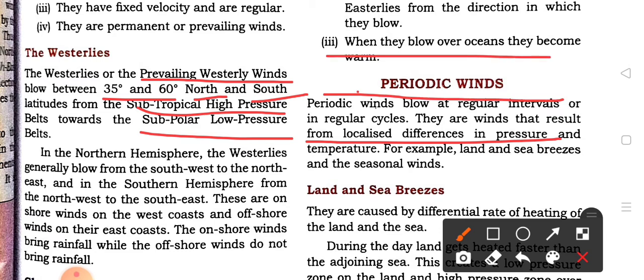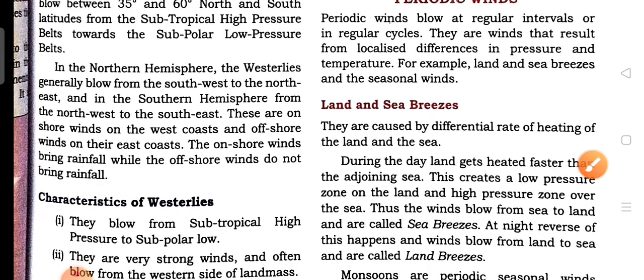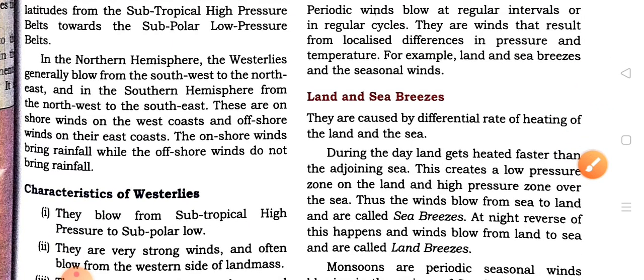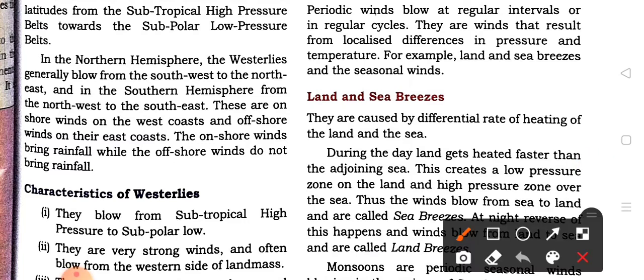So the wind that flows from the subtropical high pressure belt to the subpolar low pressure belt is called the westerlies. In the northern hemisphere, the westerlies generally blow from the southwest to the northeast, and in the southern hemisphere from the northwest to the southeast.